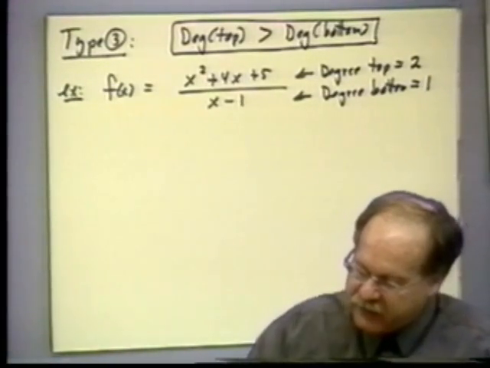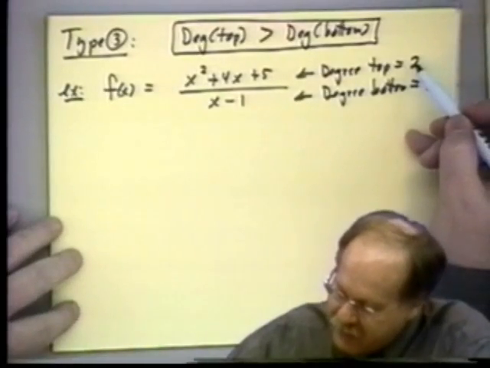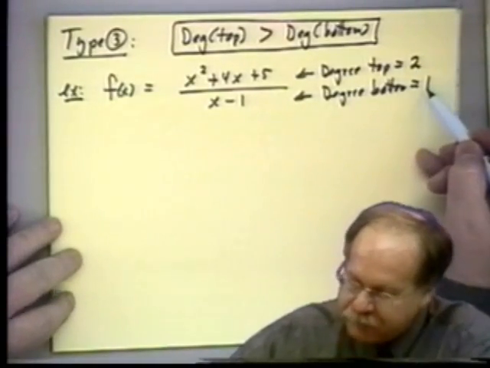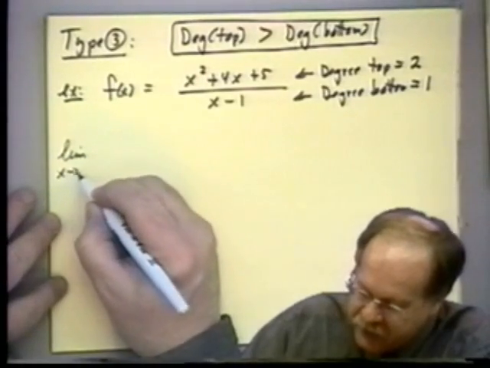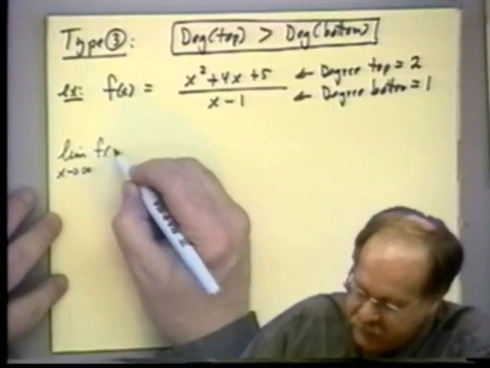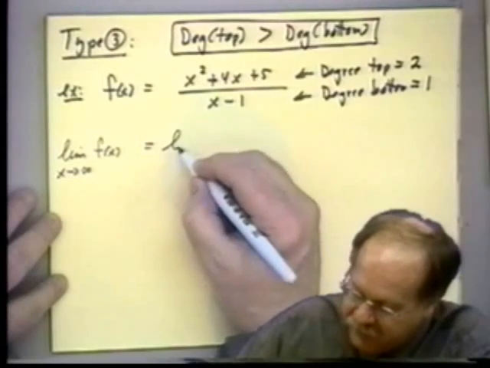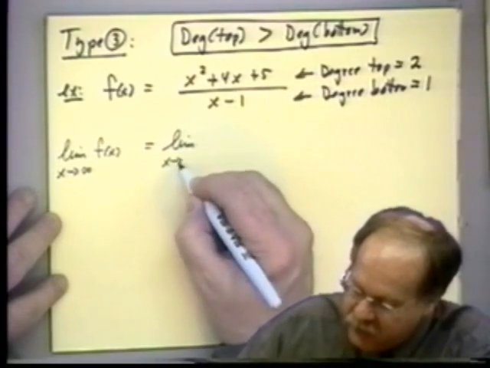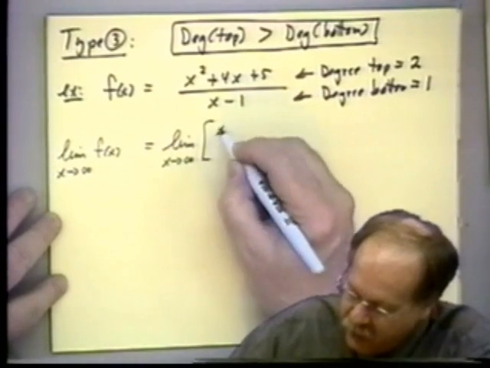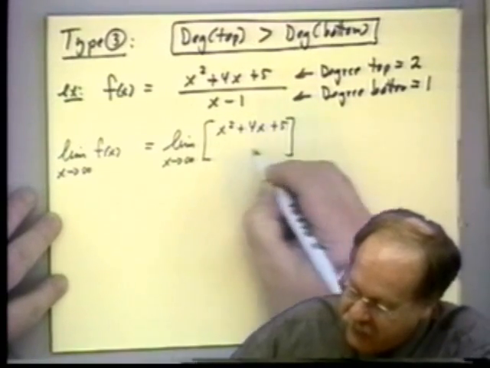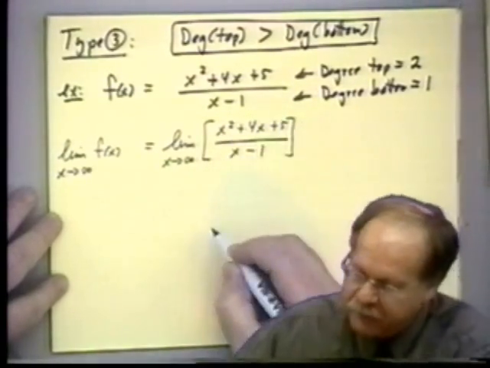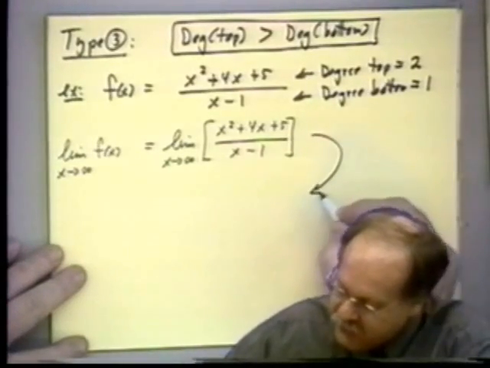And as we've said before, this is the example where the degree of the top is greater than the degree of the bottom. So let's see what happens as we take the limit as x goes to infinity once again of this function. So we'll have the limit as x goes to infinity of this rational function, x squared plus 4x plus 5 all over x minus 1.